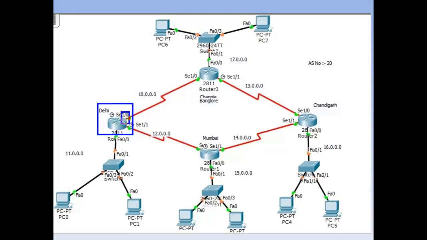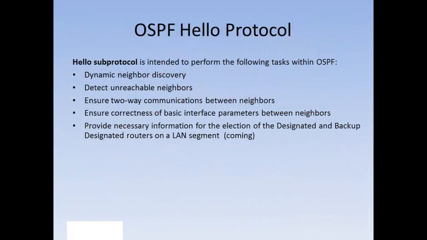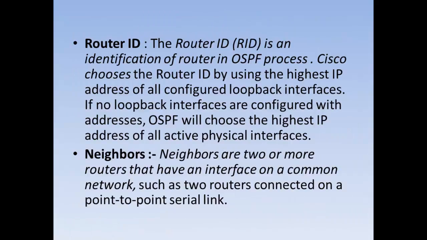For this particular interface, this will be the neighbor that is connected with this point to point link, and on this side also this will be the neighbor of the router. So neighbor means a directly connected router. Two routers connected on a point to point serial link will be neighbors, directly connected on the point to point link.